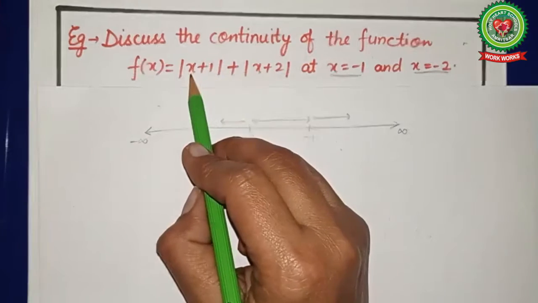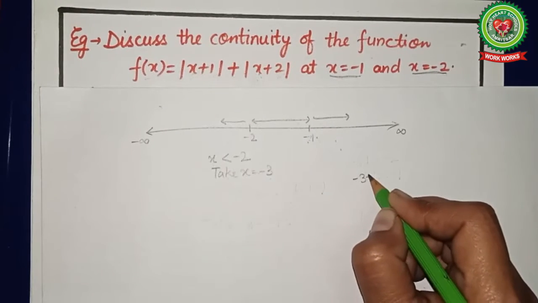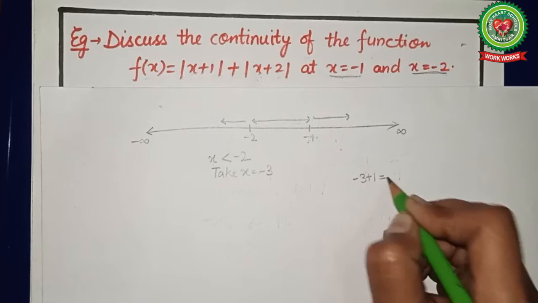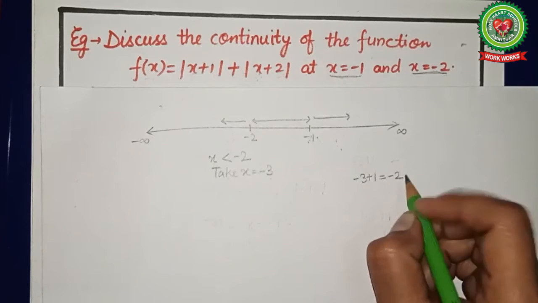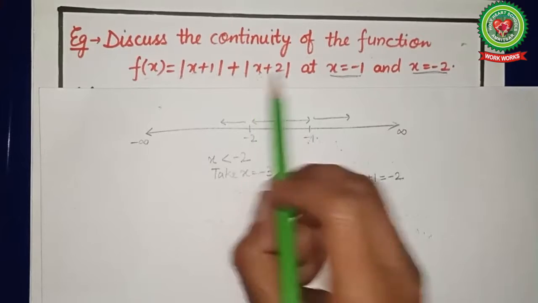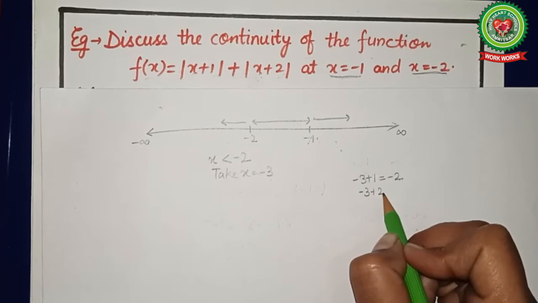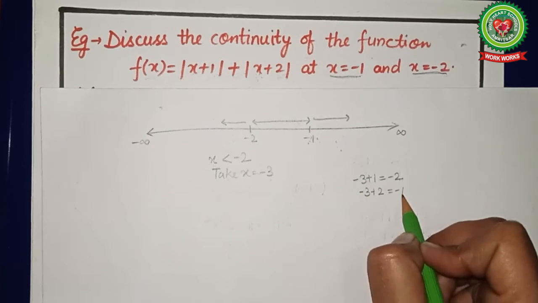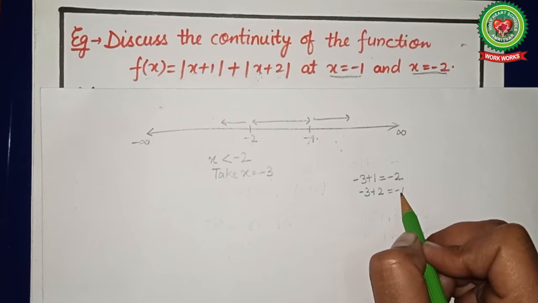Firstly, you will get -3 + 1, so the inner value is -2, which is negative. Similarly for the second, you will get -3 + 2, so the answer is -1. In both cases, we are getting negative values.